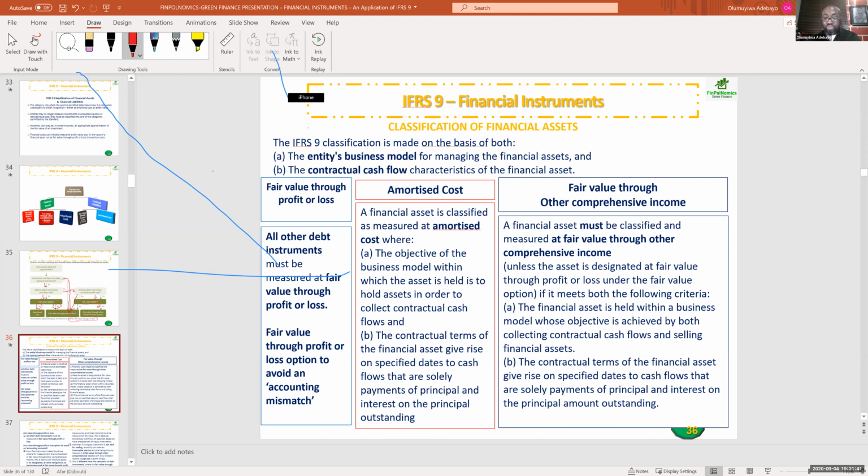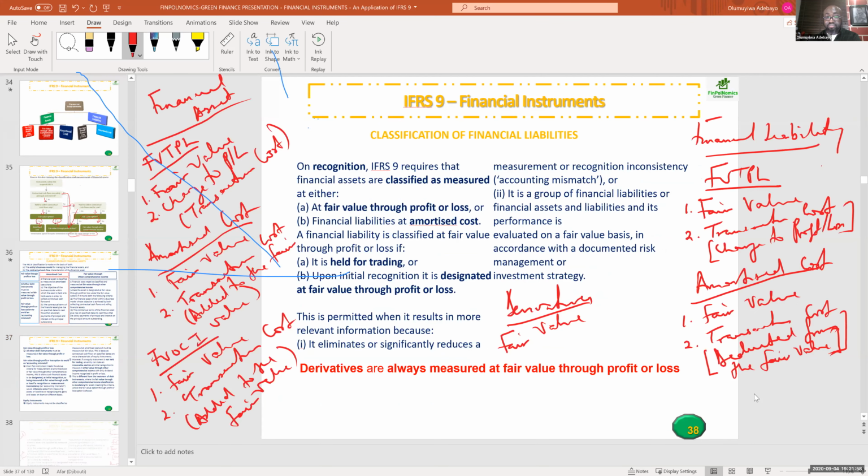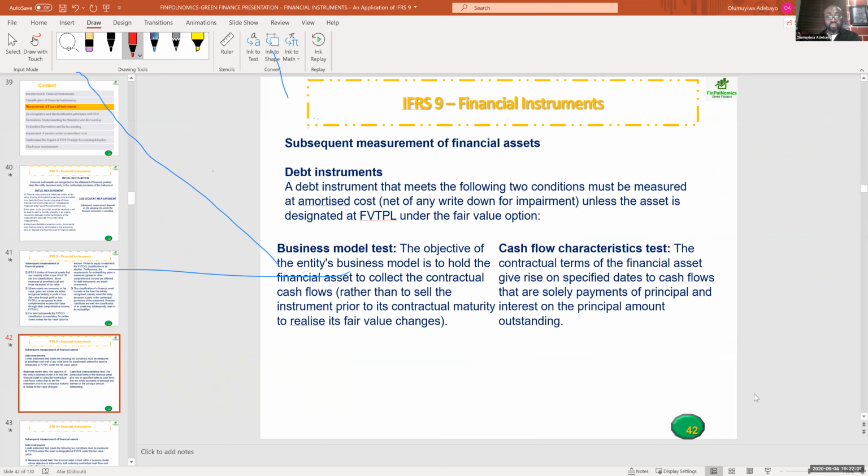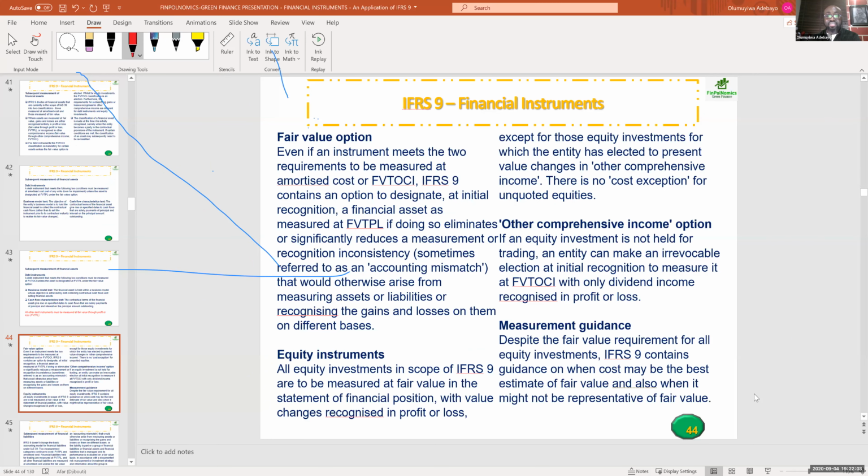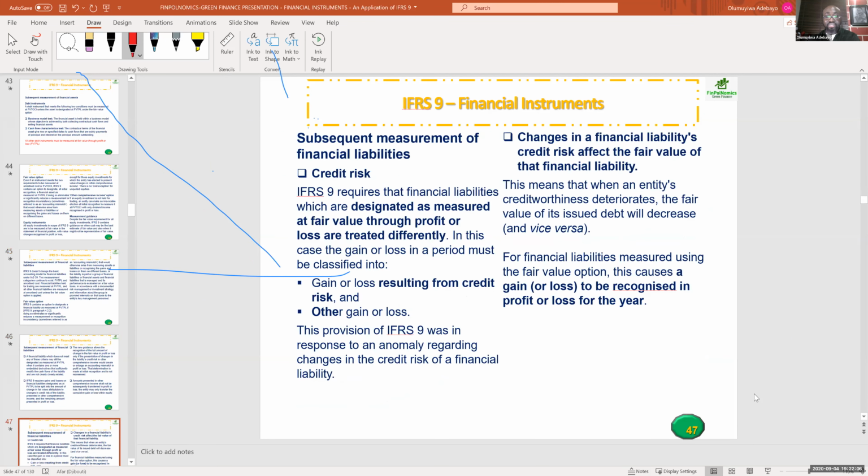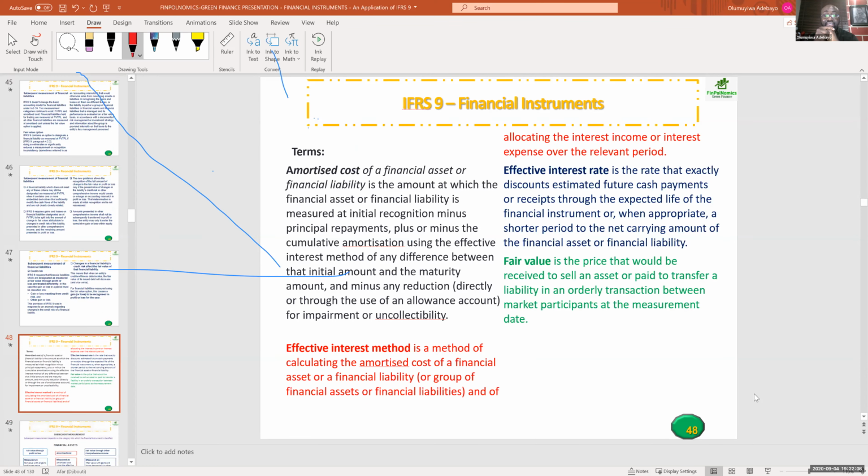Now today we are going to start with derecognition. But before I start, I want to reiterate what we covered yesterday when we had extensive discussion on amortized cost, and we practicalized it with about 2 or 3 examples.